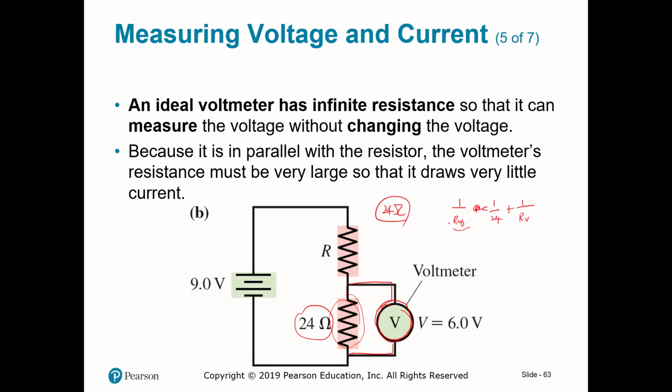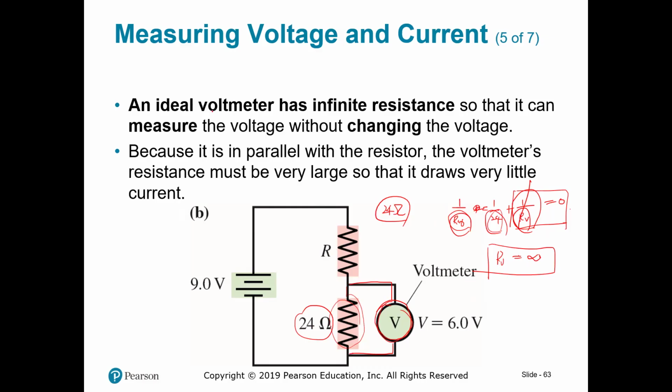But you want Req to be 24, so this value must be 0. In order to have this value be 0, you need R_V to be infinite. If the resistance of the voltmeter is infinite, then this term will be 0, and your Req comes back to the original value, which is 24.